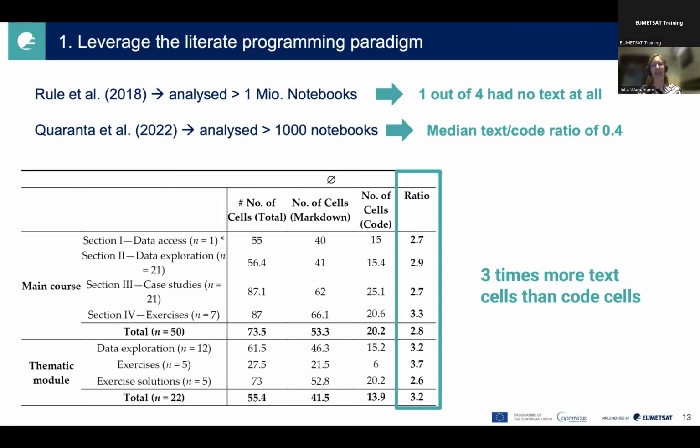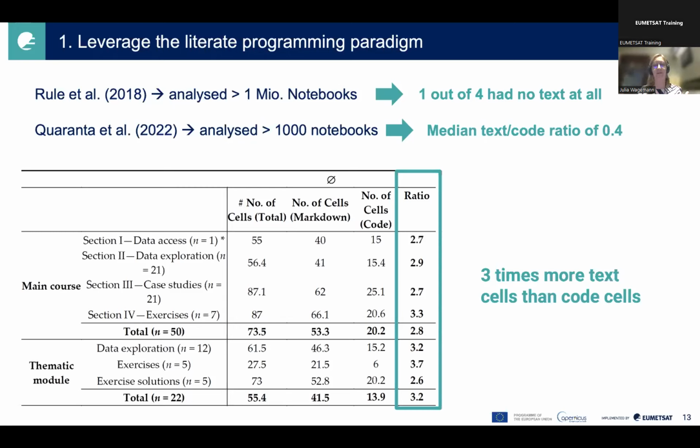Then there's another study from Quaranta et al., and they analyzed more than 1,000 notebooks, and they specifically analyzed the text code ratio, so the number of text cells versus the number of code cells in these notebooks, and they saw that the median text code ratio is 0.4. So we have by far more code cells than descriptive text in the notebooks.